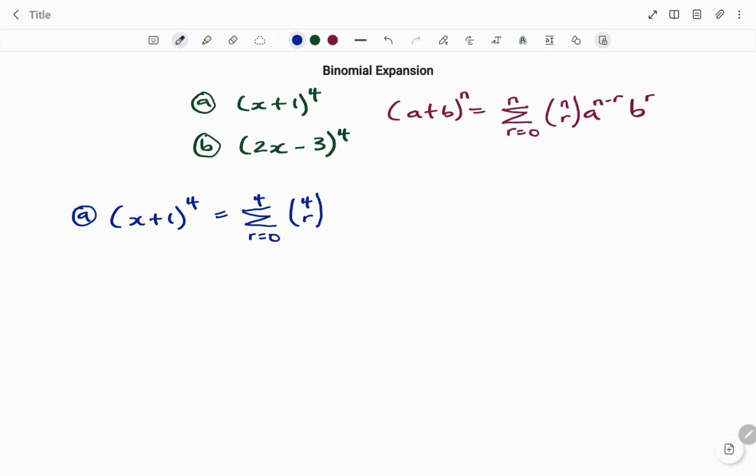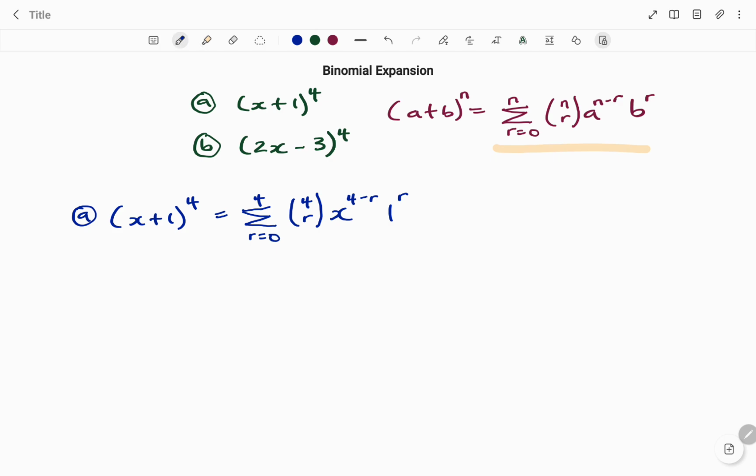Our a is x to the power of n minus r, so 4 minus r. Then our b is 1, so we have 1 raised to the power of r. So we've used the exact same sigma notation as shown.